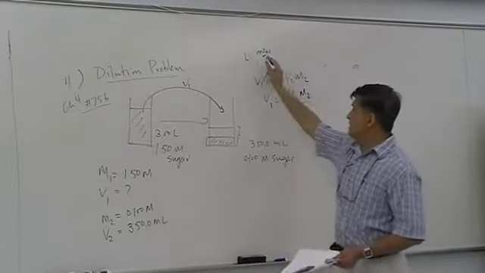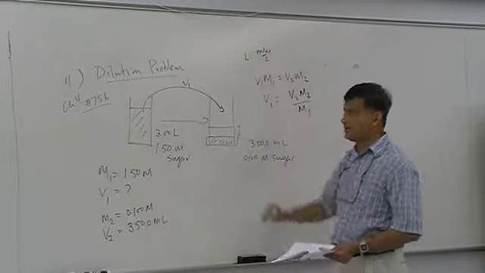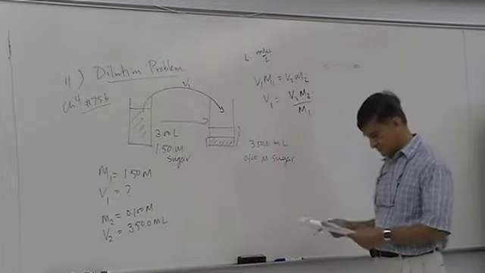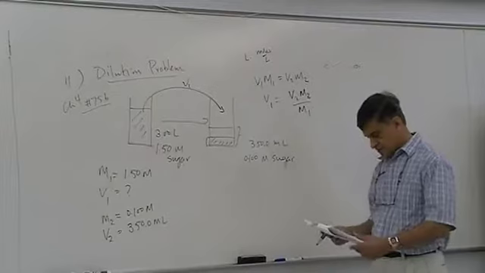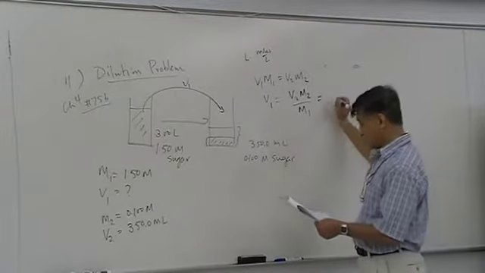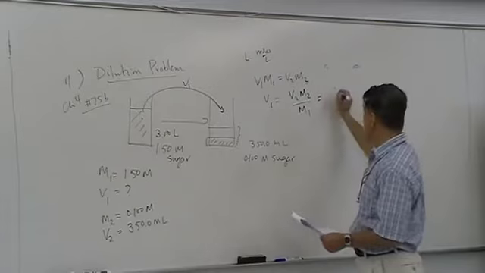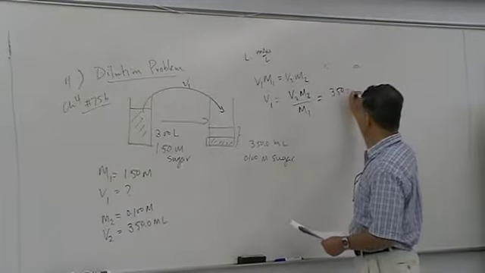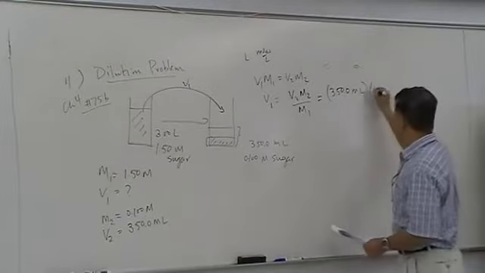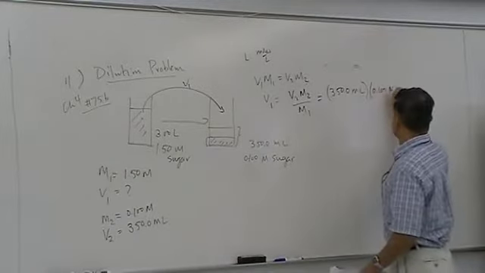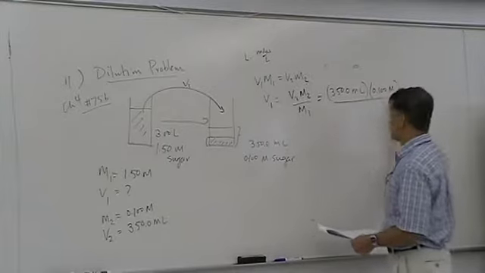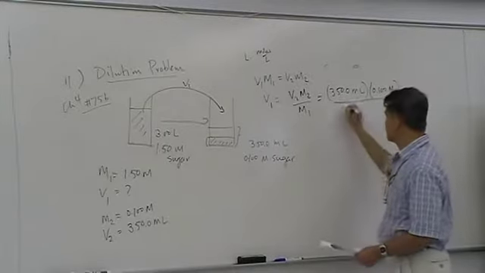Even though I've shown you this calculation with liter, you don't have to use liter. You have ml and ml because they would cancel out. So rather than doing that extra step of converting to liter, I'd leave it as ml: 350.0 ml times 0.100 moles per liter, divided by molarity 1, the concentrated one.